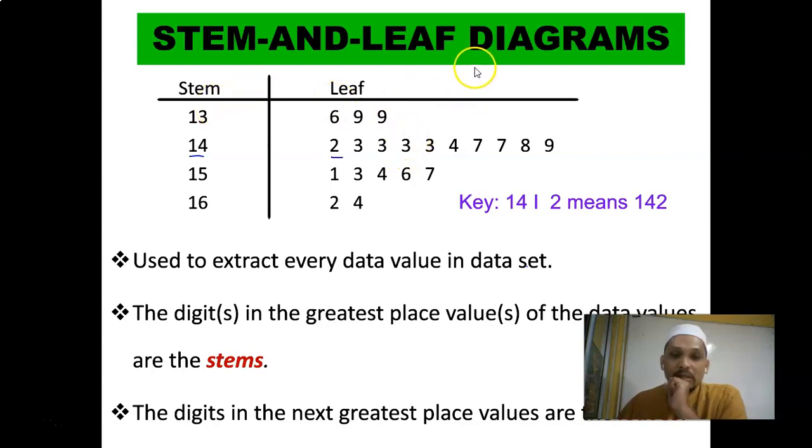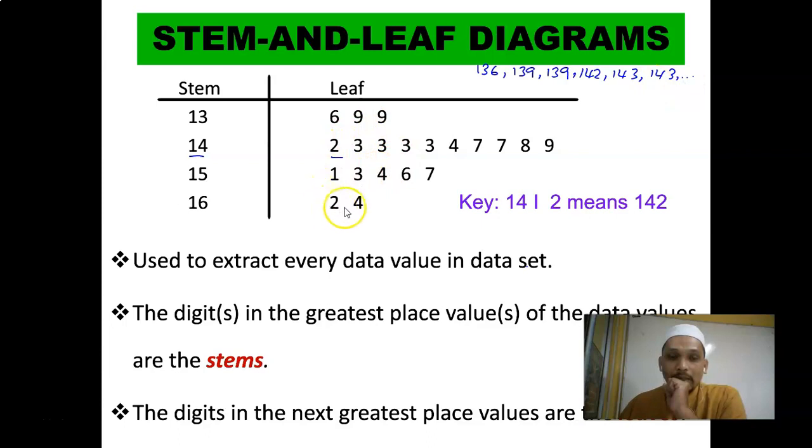If I imagine it, the raw data is 136, 139, 139, 136, 139, 139. Okay, 142, 143, 143.